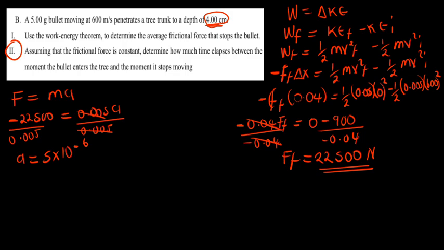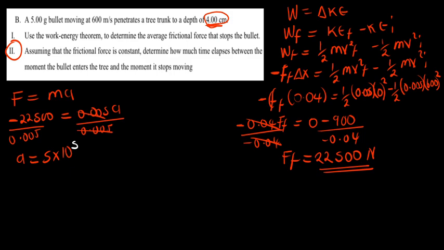So that is the answer that I've gotten, because that is 22,500 divided by 0.005. So that is the power 5. So that's not a negative, it's just 22 to the power 5.